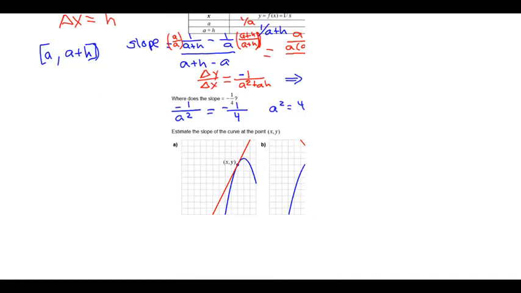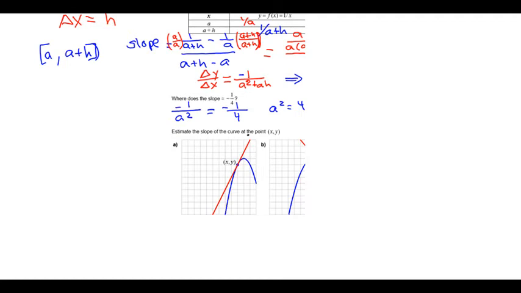For the bottom half, we're just looking for an estimation of the slope of the curve at the point xy. So we want an estimation of this line at the point xy. So we just want an estimation of the slope. So all we're going to do is go back to Algebra 1 and take the slope of the line graphically.